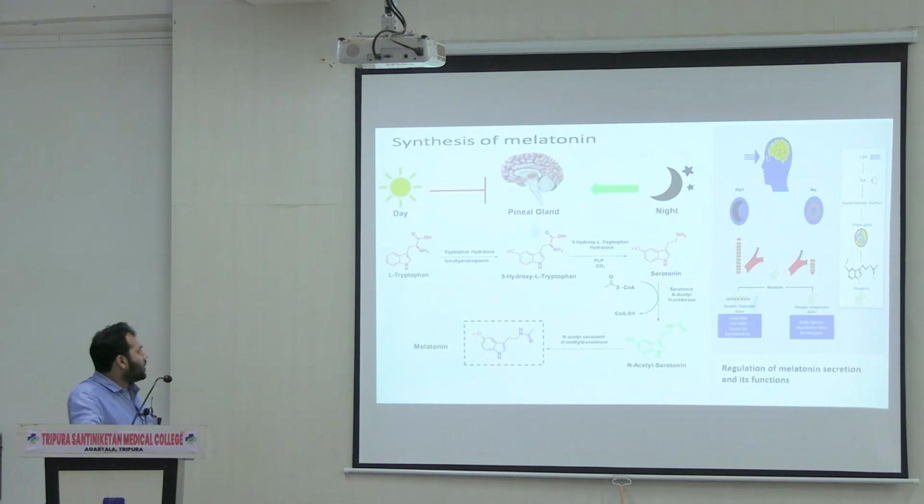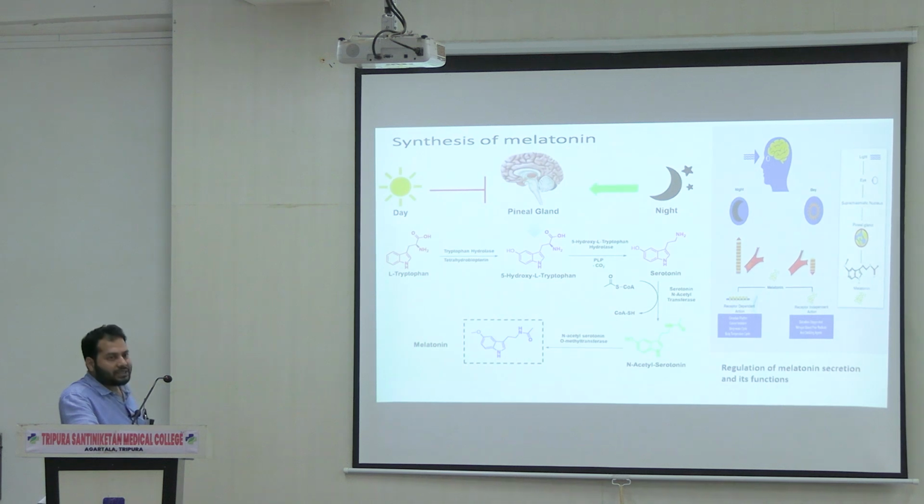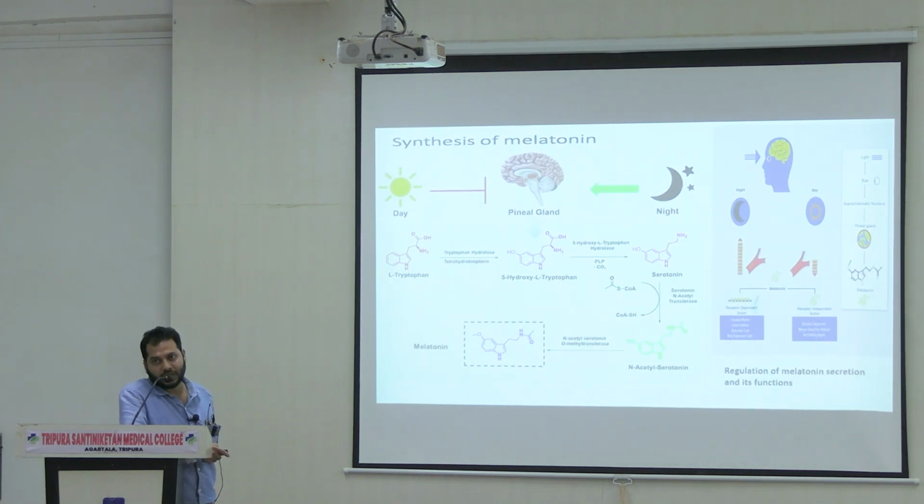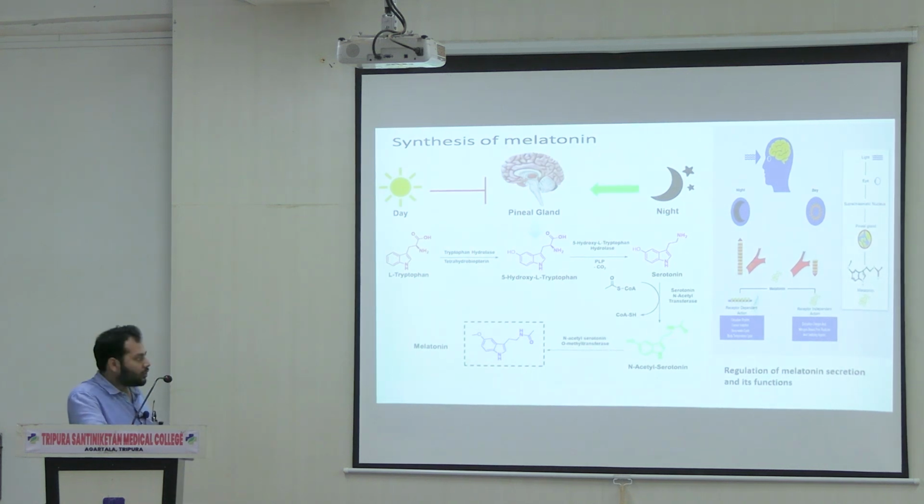Other than tryptophan, certain types of enzymes also play an important role. Now we'll see what the most important enzymes are that take part in the synthesis of melatonin, and what the different steps are that help in the release and synthesis of the melatonin hormone.